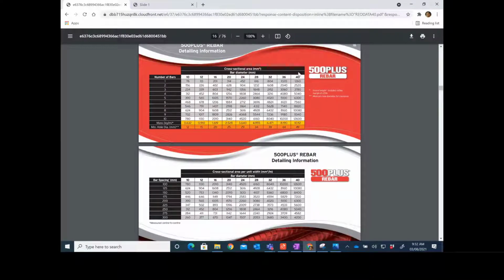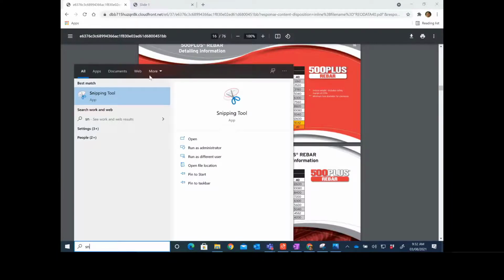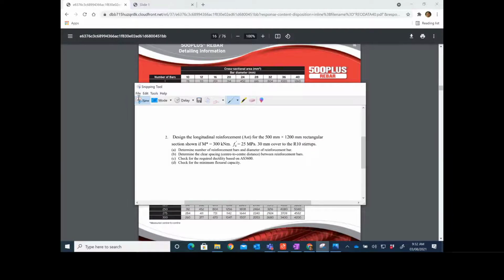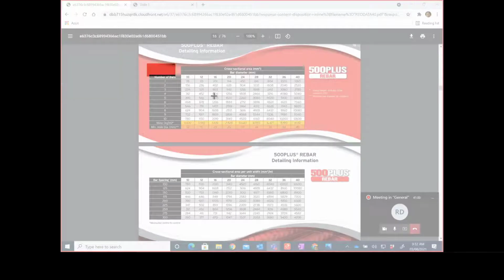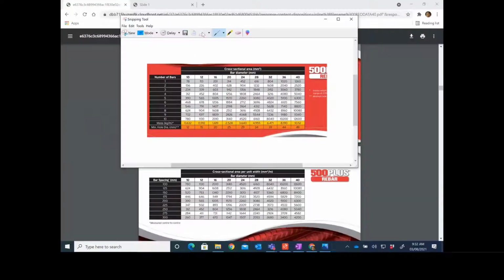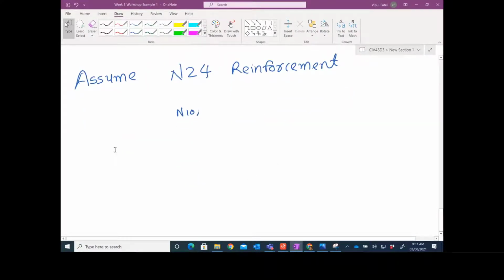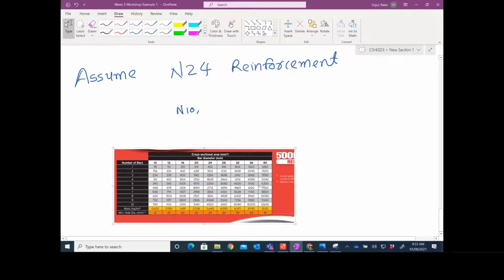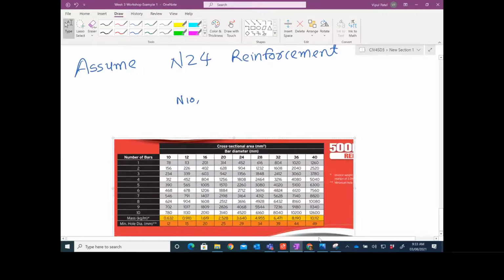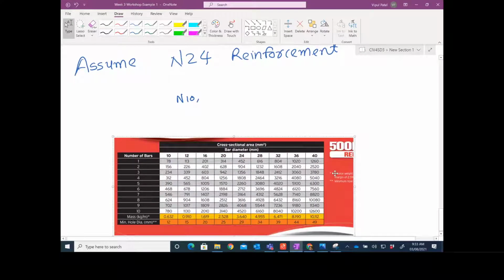So you have 10 millimeters to 40 millimeters of bar. So let's say you have these tables in our Rio tables. Let me make it bigger. In here you can see the bar diameter, 10 millimeter, 20 millimeter, 60 millimeter.